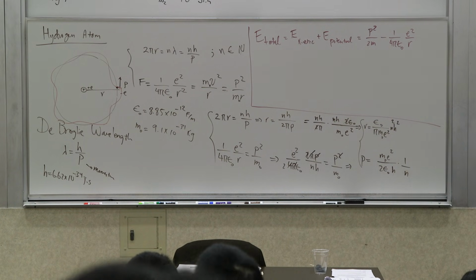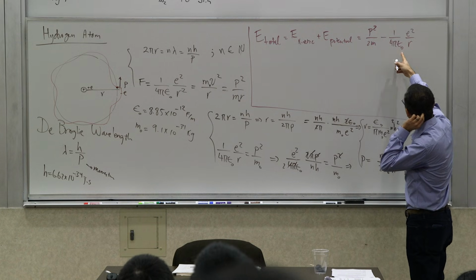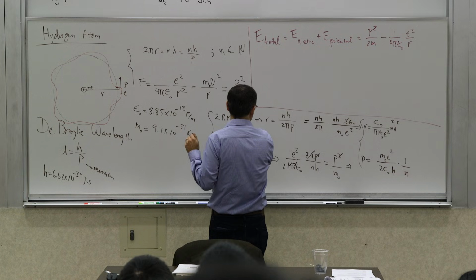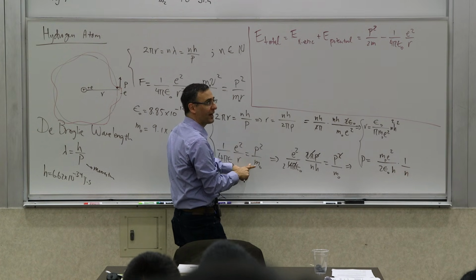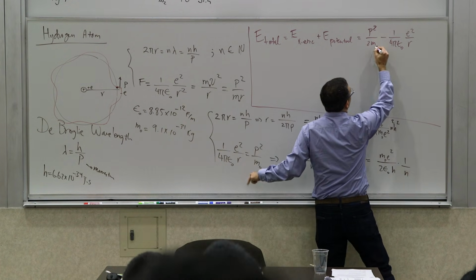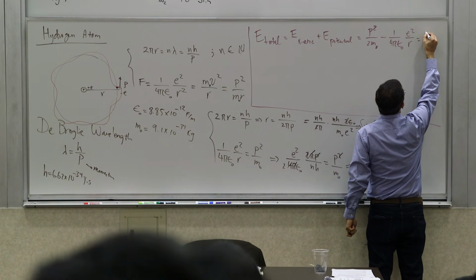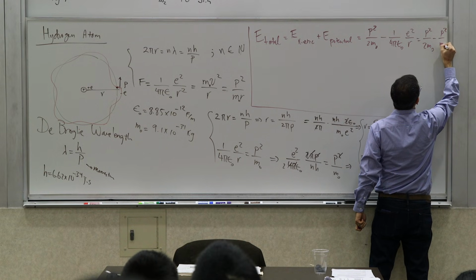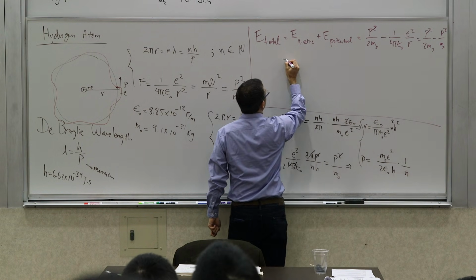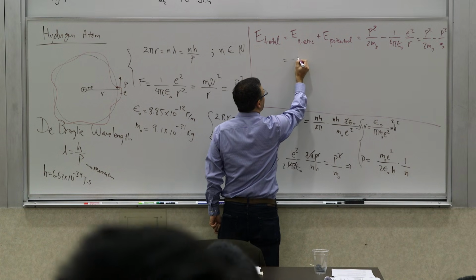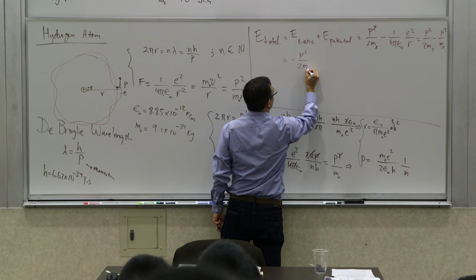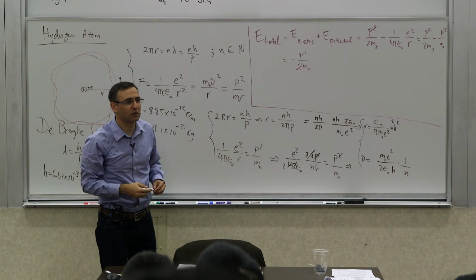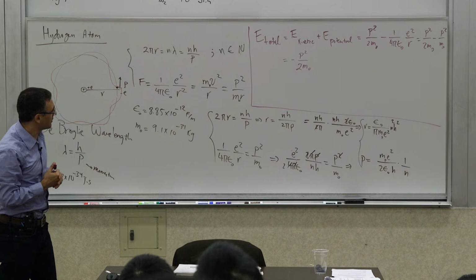So this is the total energy, but from here we can easily see that this is p squared over m naught, and this is m naught too. So this is basically p squared over 2m naught minus p squared over m naught, which is negative p squared over 2m naught. So we see the negative total energy, and it's a bounded particle.